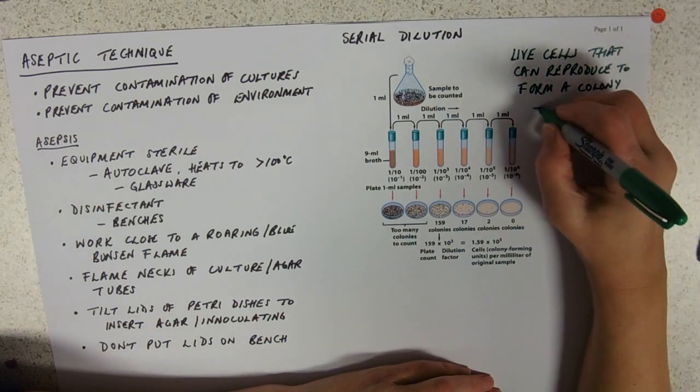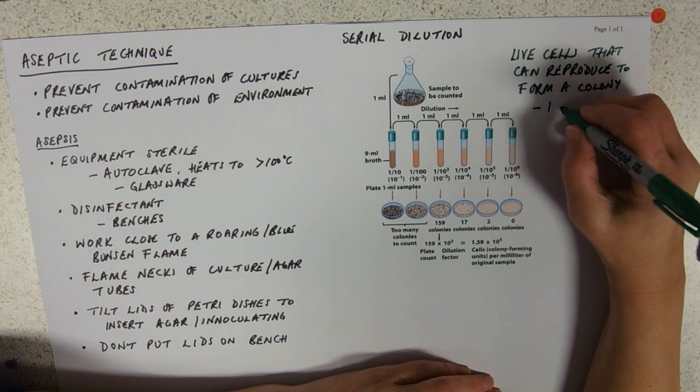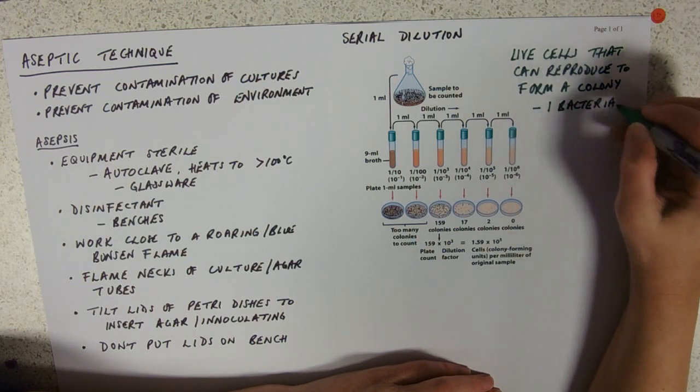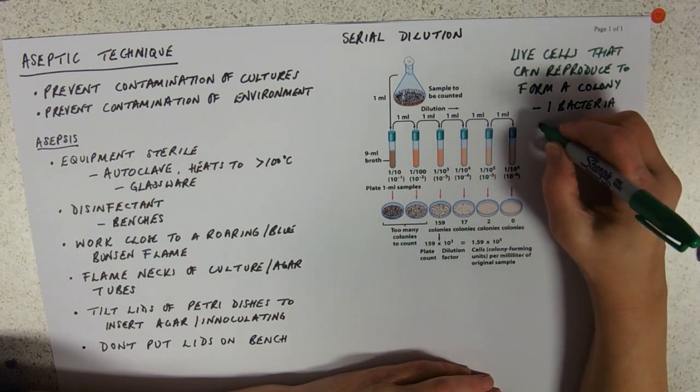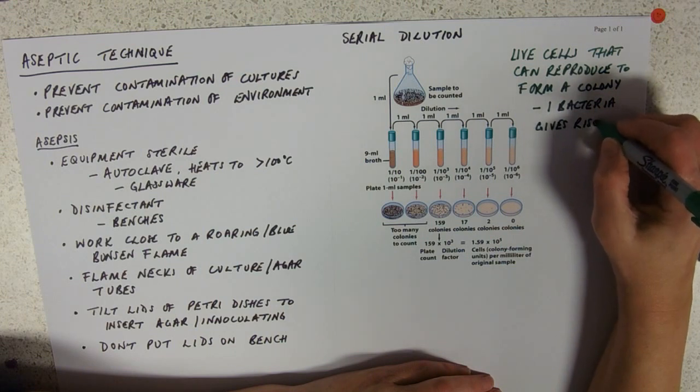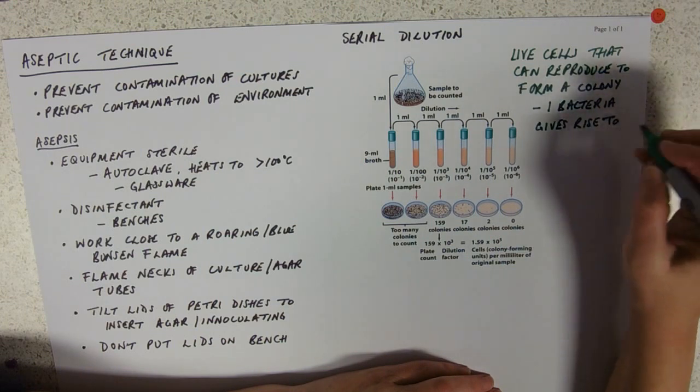And we're assuming here that each one bacterium that lands on the plate gives rise to one colony. Now, that isn't always the case, and we'll talk about that later.